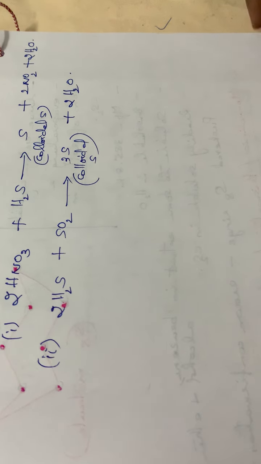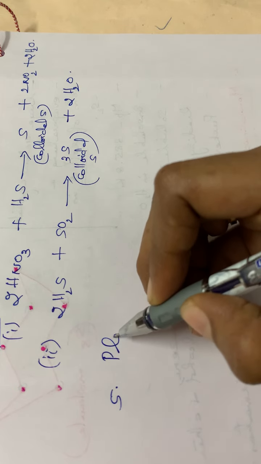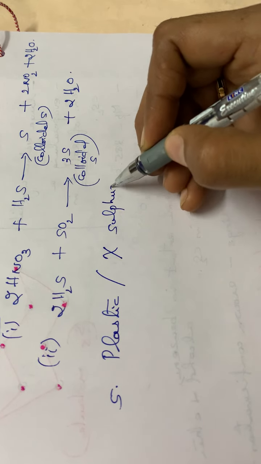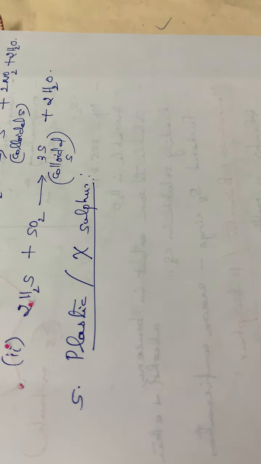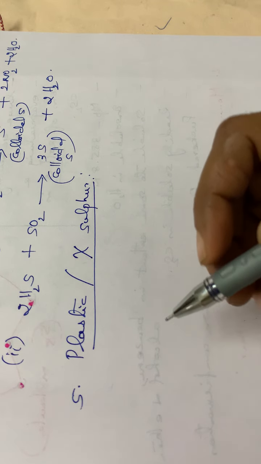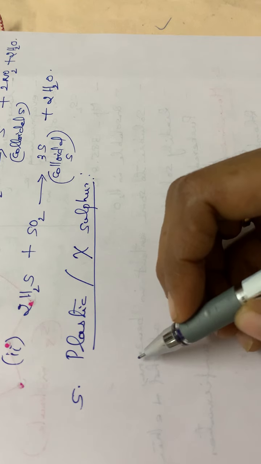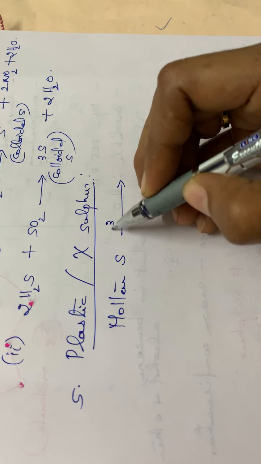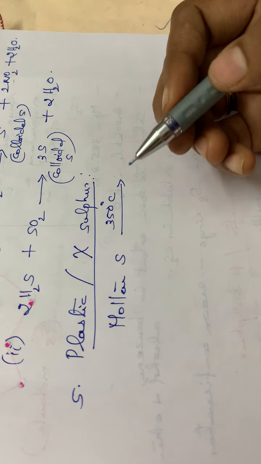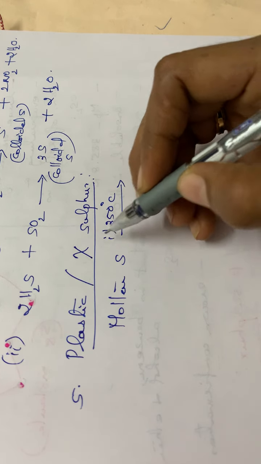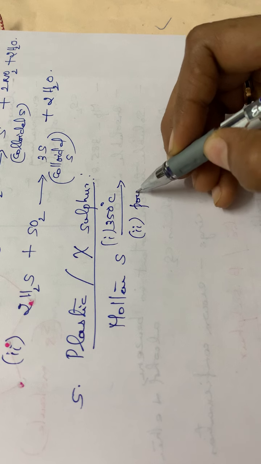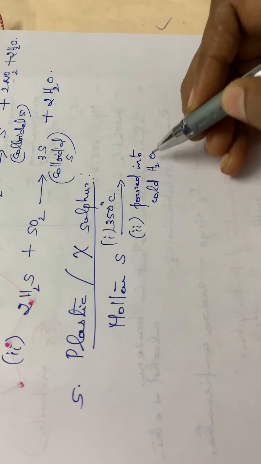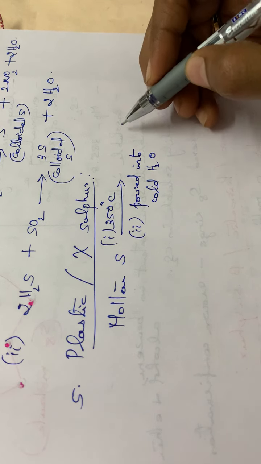Then the fifth one is plastic sulfur, or gamma sulfur, capital gamma. This plastic sulfur is obtained from molten sulfur. When molten sulfur is heated to 350 degrees Celsius and then poured into cold water, plastic sulfur is obtained.